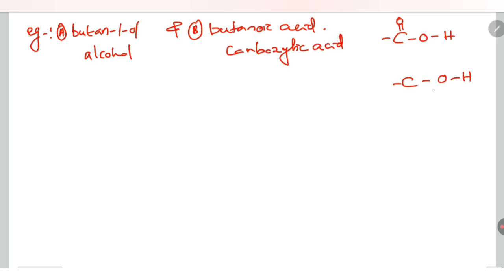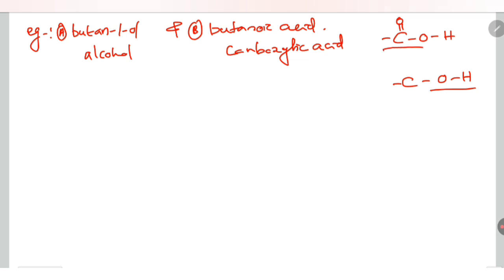When you look at alcohol, how many hydrogen bonds can it create? It's only one, because hydrogen bonding is a force between hydrogen and oxygen, isn't it so? Last year we studied hydrogen and oxygen, hydrogen and nitrogen, hydrogen and fluorine, but we are only considering hydrogen and oxygen because it's for organic compounds.